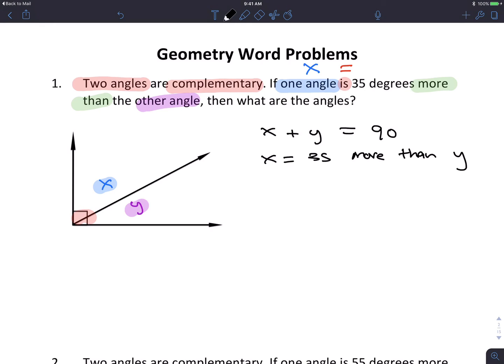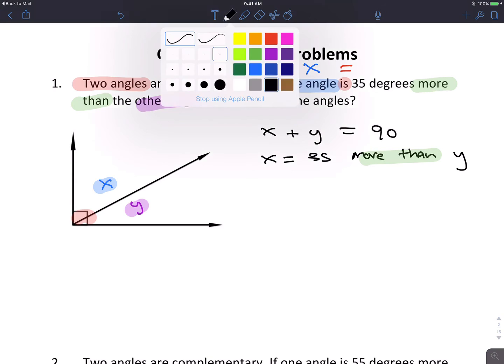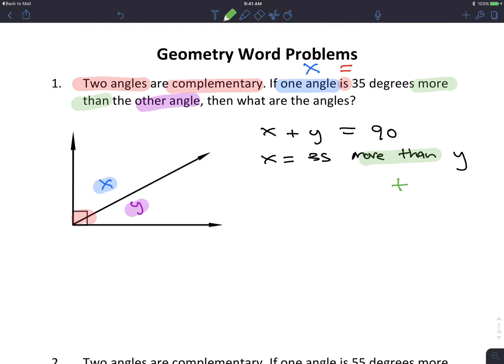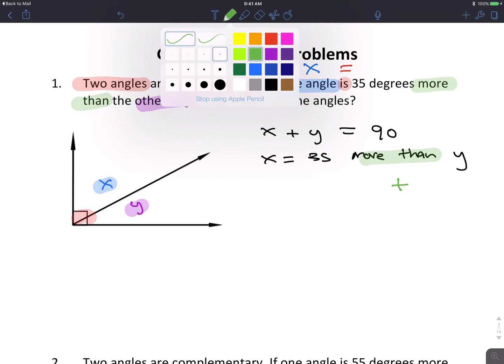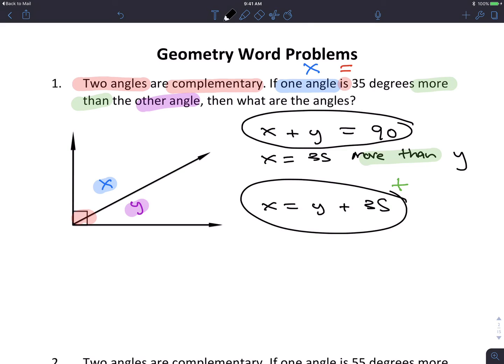And "more than" here means addition, if you recall from class. What happens with 35 and the y is that they switch, so you end up with an equation that is x is y plus 35. We talked about this in class, about why it switches. And these are my two equations and my two unknowns.